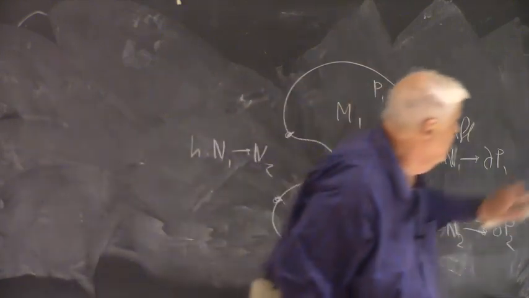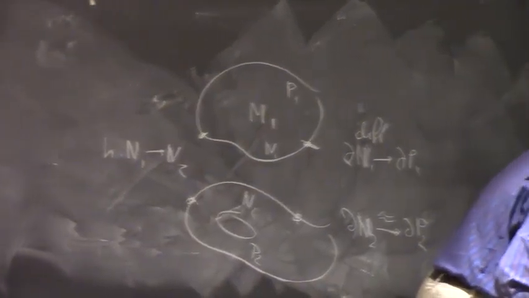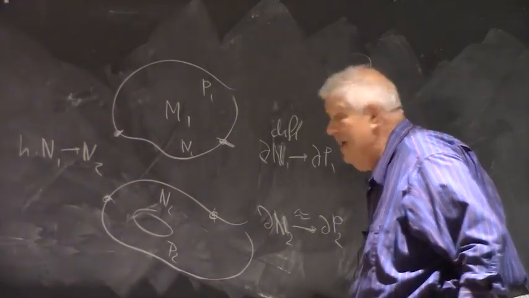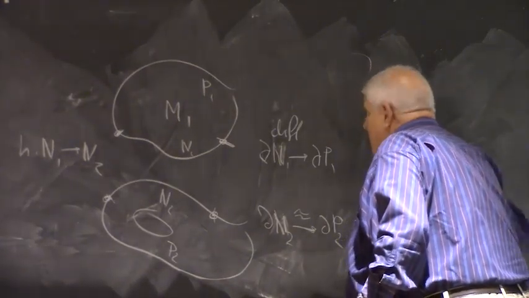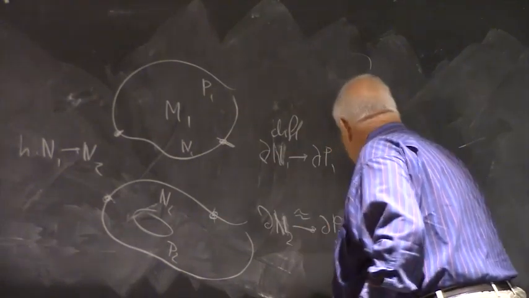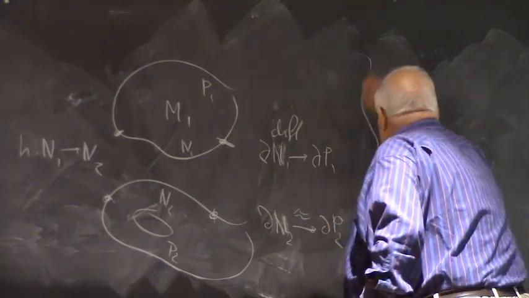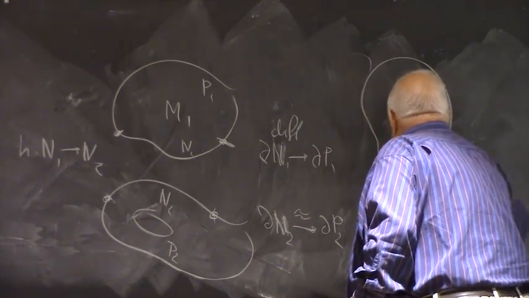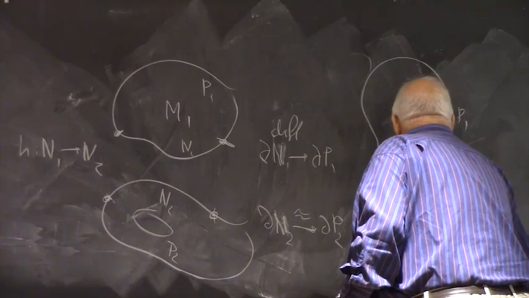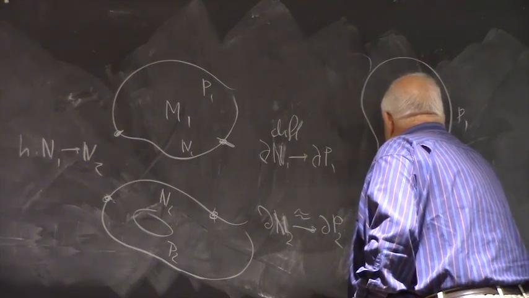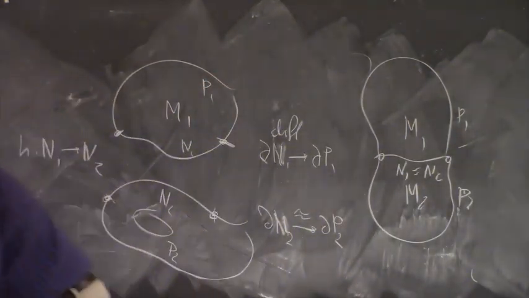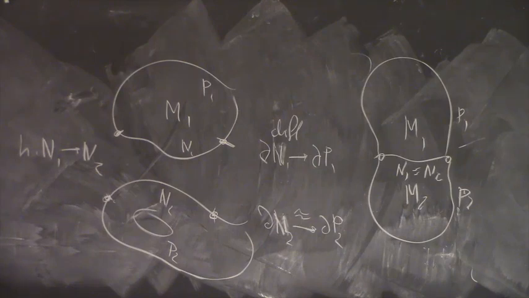And then we can do the following. We can attach this to this by this diffeomorphism and get a manifold, which looks like what is presented on this picture.